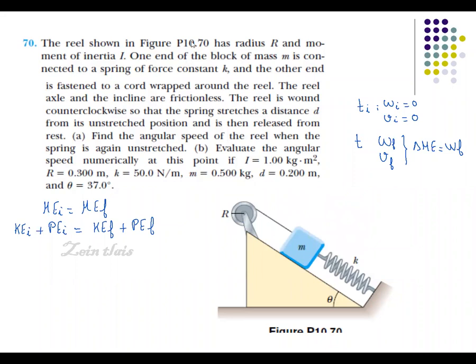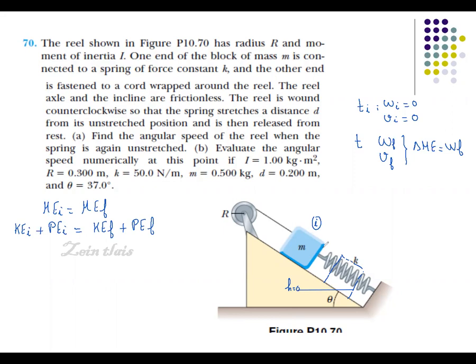Let's say initially we have the system at this position. This is the initial position, and the final position is where the block is down at this point. Here we have initial, and here we have final. I take the lowest position as a reference, here we have h equals to 0.